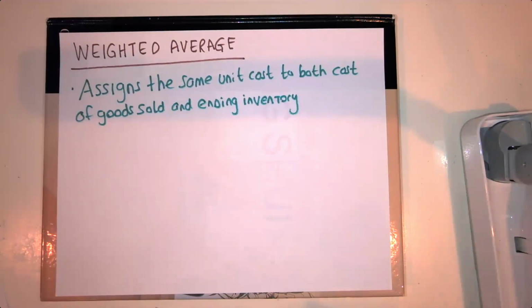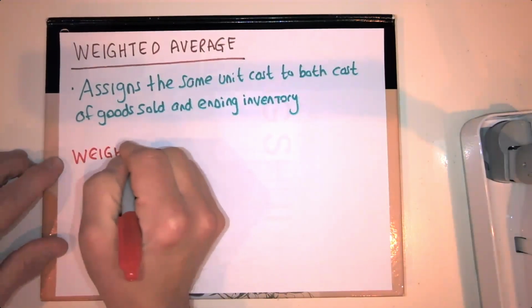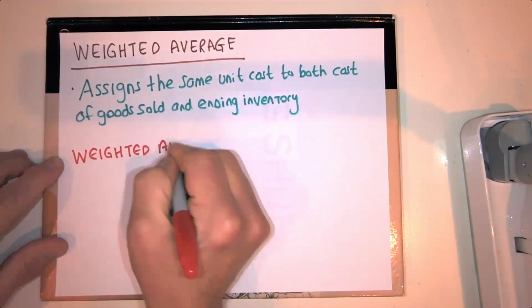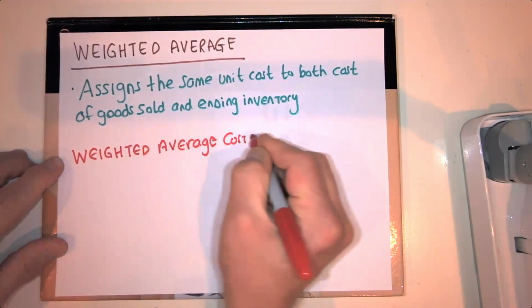And the real work here, the real work in applying weighted average, is calculating that same unit cost. We call that our weighted average cost per unit. Let me give you the equation to calculate your weighted average cost per unit.